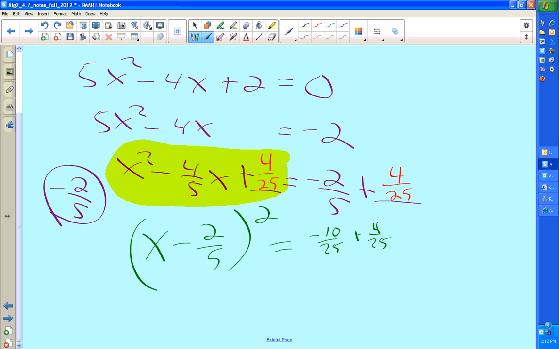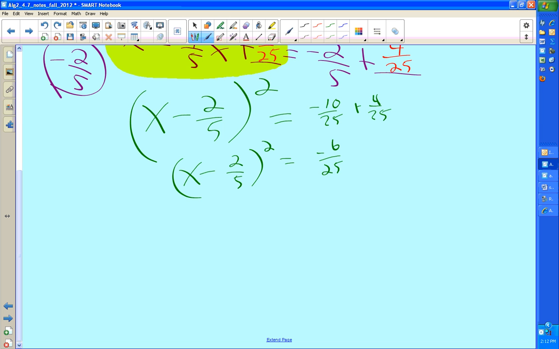And when you combine those, you're going to get negative 6 over 25. X minus 2/5 quantity squared. Nasty, huh? What do we do next?